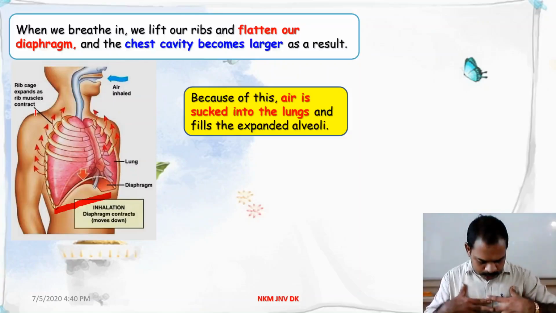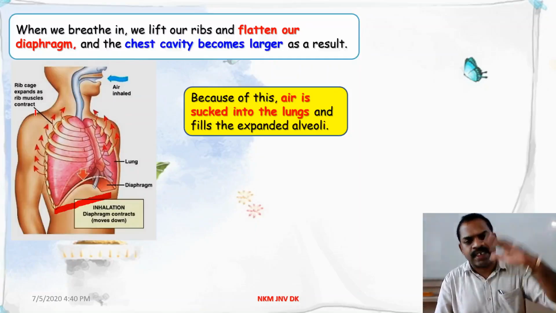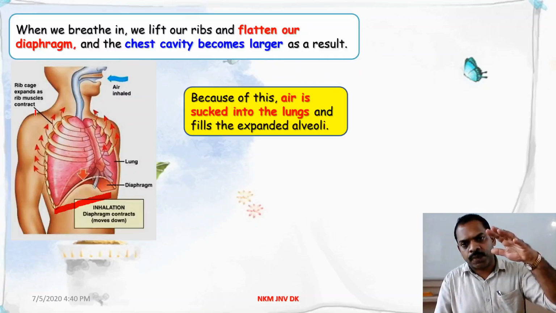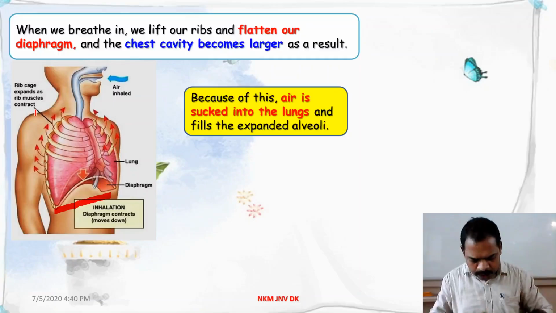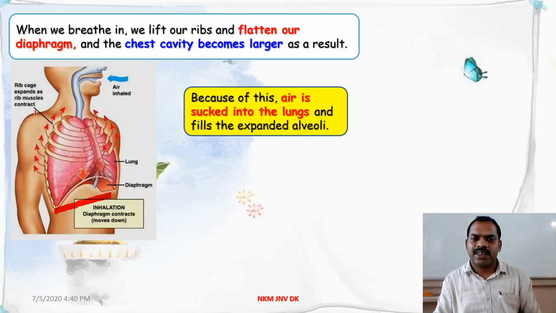The rib cage is coming front and up, and the diaphragm is going down. When volume increases, pressure decreases. Inside there is a little less pressure, and the atmospheric air has more pressure. Air will move from more pressure to less pressure without using much effort.